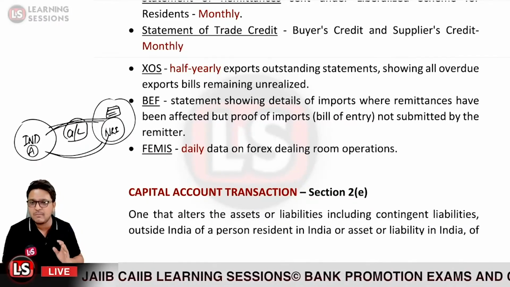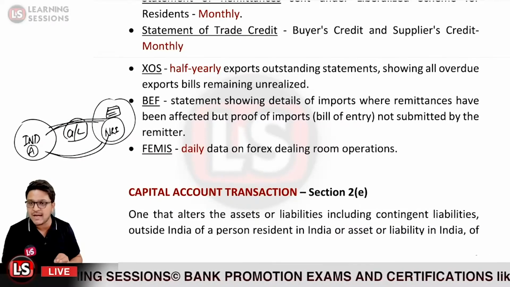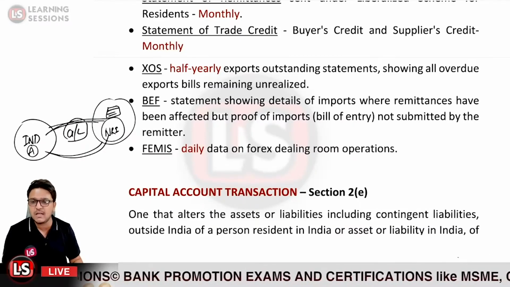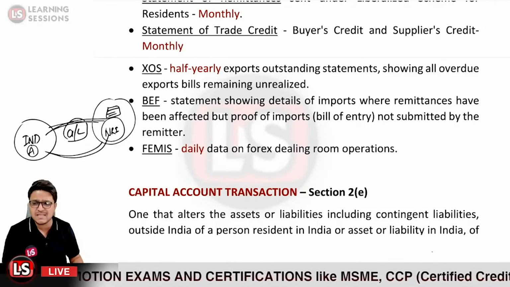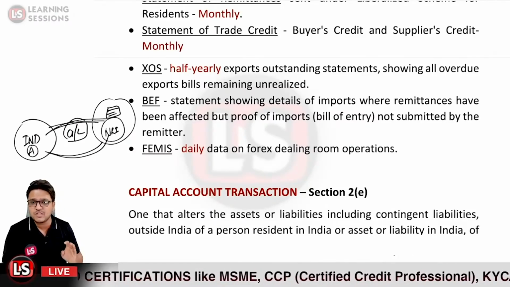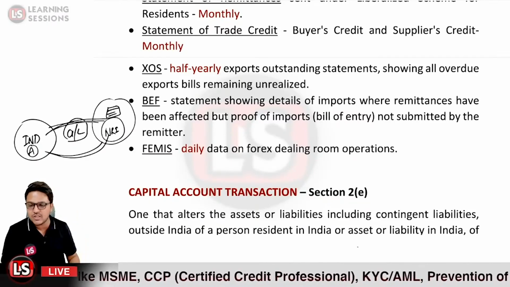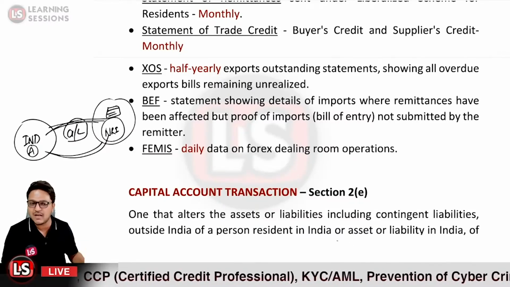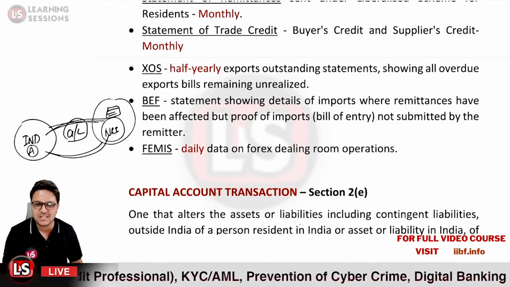So if you have remitted any amount for traveling abroad, for medical facilities, for supporting your family, or for gift purposes, or if there is a small transaction amount related to your business, all of these would be covered under current account transactions, because there is no change in the capital asset or liability.